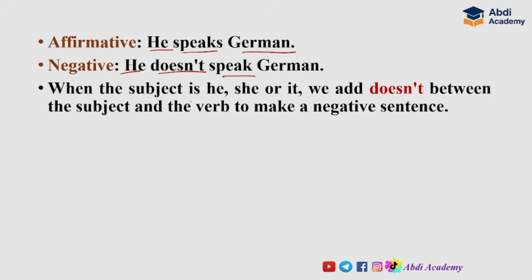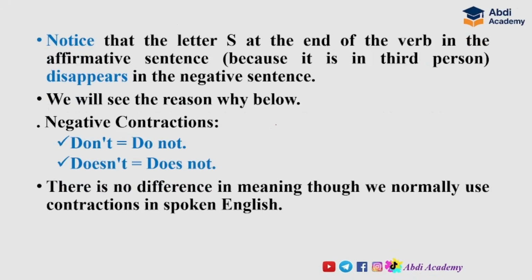When the subject is he, she, or it, we add doesn't between the subject and the verb to make a negative sentence, which is very simple. So as I have said before, the letter s at the end of the verb in the affirmative sentence is disappeared or omitted.